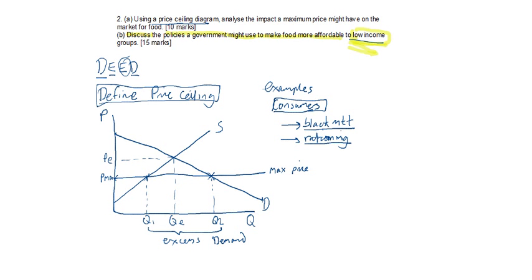In order for those low income families to guarantee it, they may have to pay a higher price, because actually there might be a black market that emerges. In order to get it, there might be other disadvantages. So other rationing devices may come into play, because price cannot act as that rationing device, because it can't go above P max. As we can see here, it cannot go above this because it's a price ceiling.